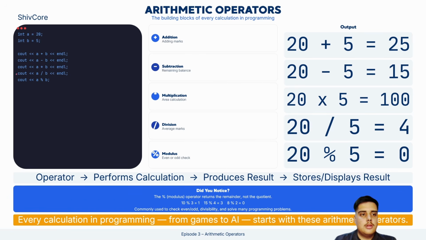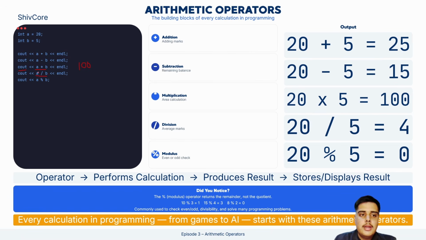Next, we have asked the compiler to multiply a with b, and it will output 100. Here we have asked to divide a by b.